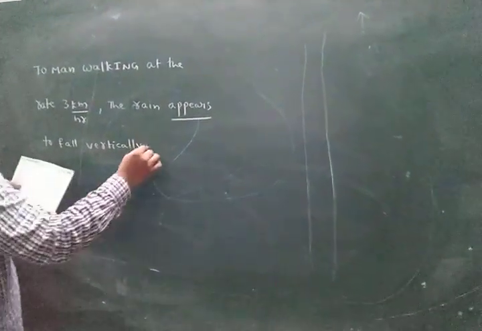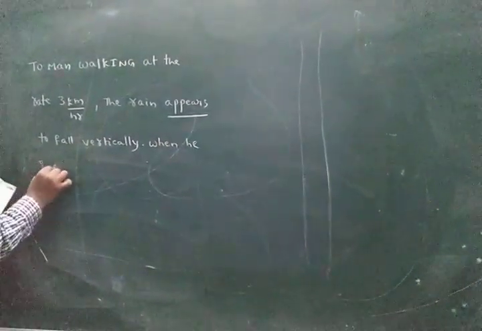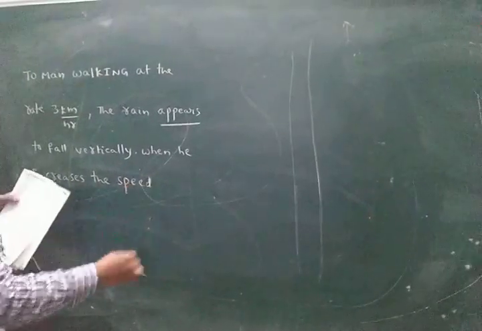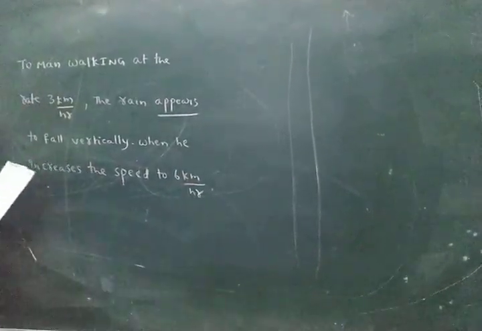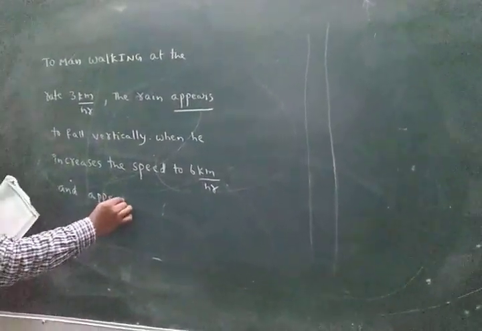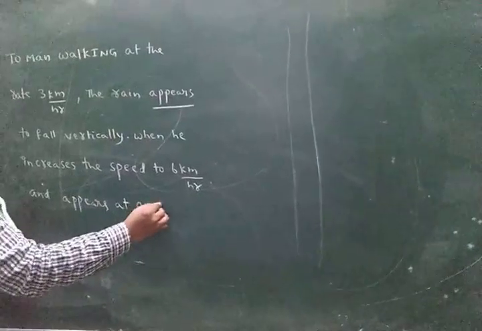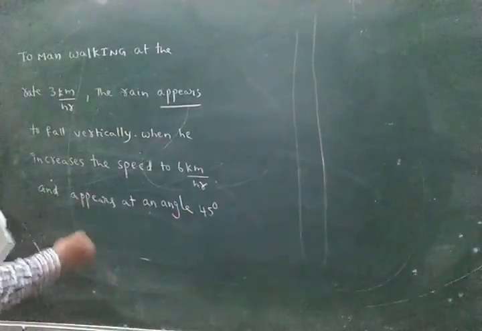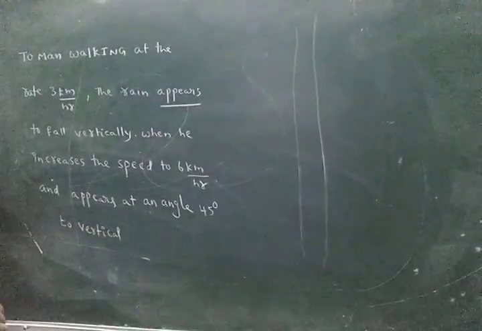When he increases the speed to 6 km per hour, it appears at an angle of 45 degrees to the vertical.